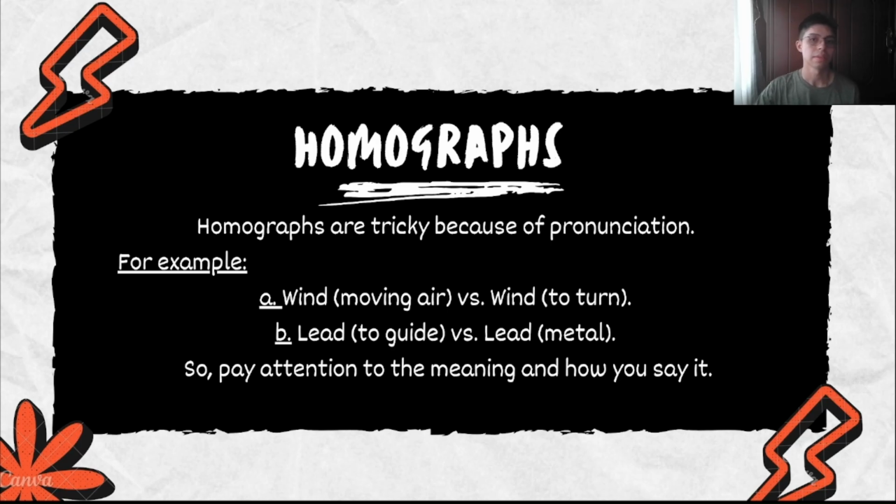In this case, many students pronounce them the same way by mistake. For example, saying wind when they mean wind up the toy. So it's important to always check both pronunciation and meaning to avoid confusion or to avoid confusing someone.